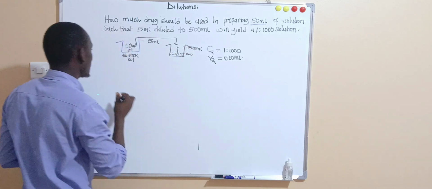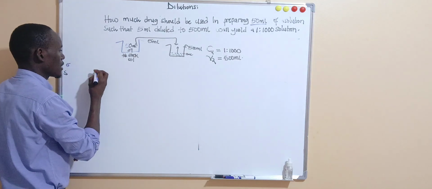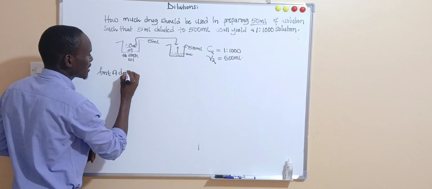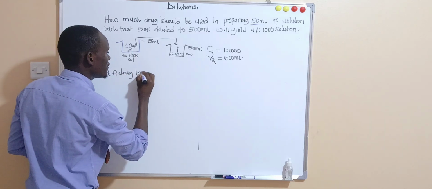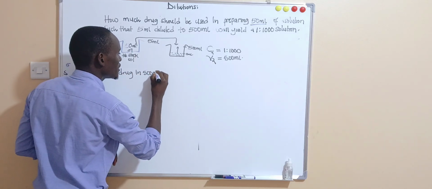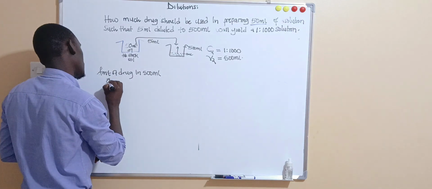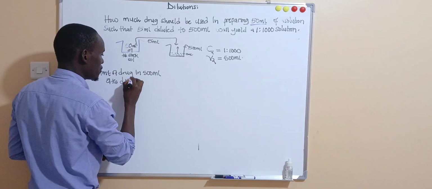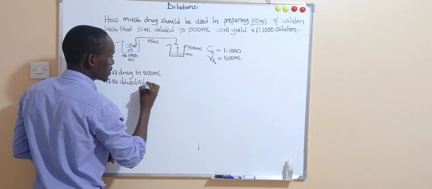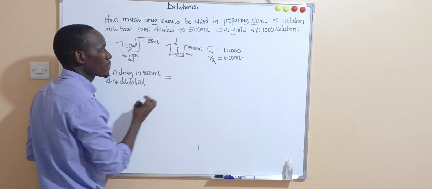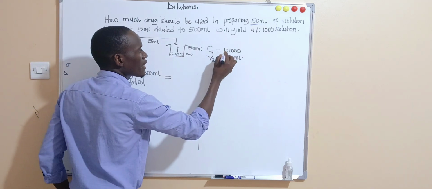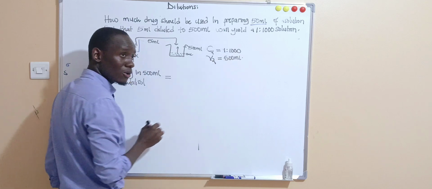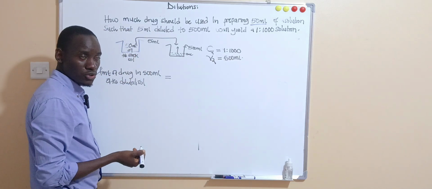So we shall say the amount of drug in 500 ml of the diluted solution will be equal to, you know that 1 to 1000 means 1 gram in 1000 ml of a solution.